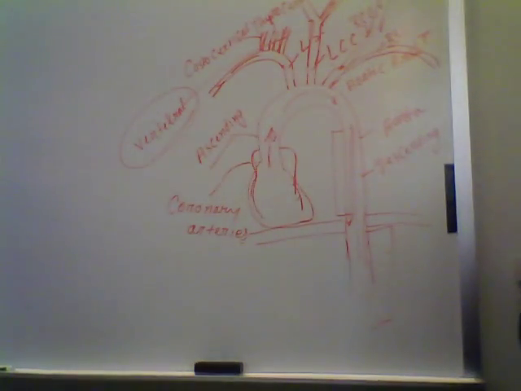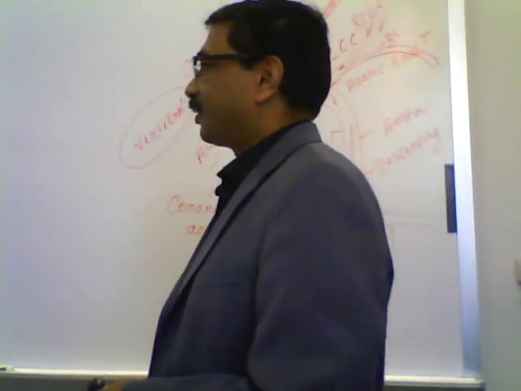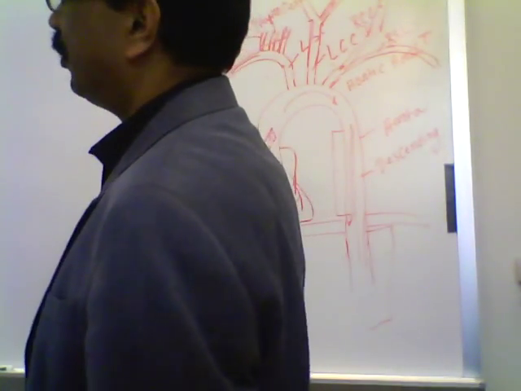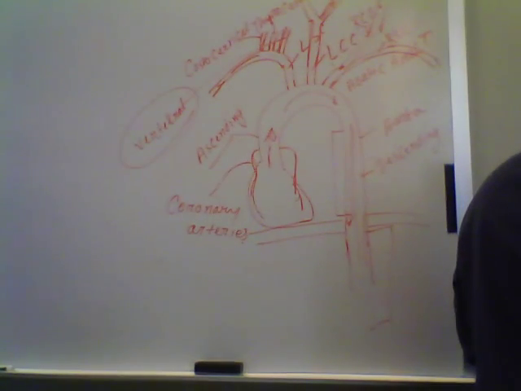You see here. This is the right side. So brachiocephalic trunk. This one. This is the aortic arch. Brachiocephalic trunk. It divides into, you see, subclavian and common carotid. Okay. Which one is going towards the head?